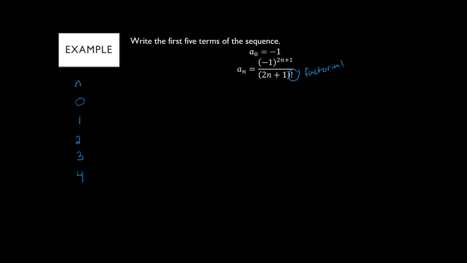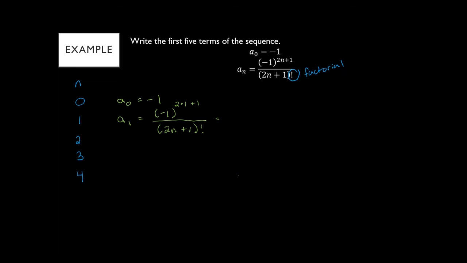And so now to figure out each term, I know that A0 is -1, so I can just put that in there. So A1 is equal to, now we've got this complicated formula: -1 to the 2 times 1 plus 1 over 2n plus 1 factorial.